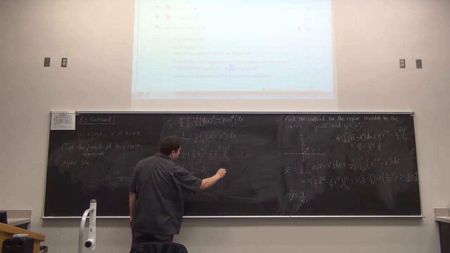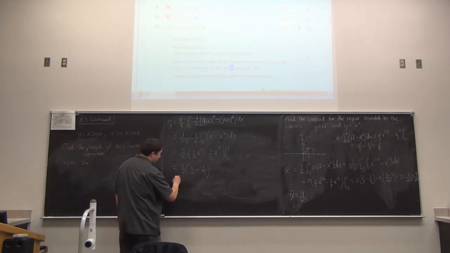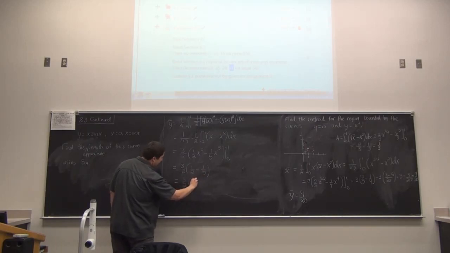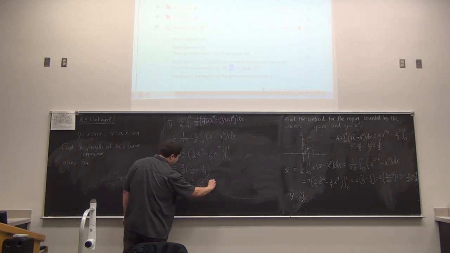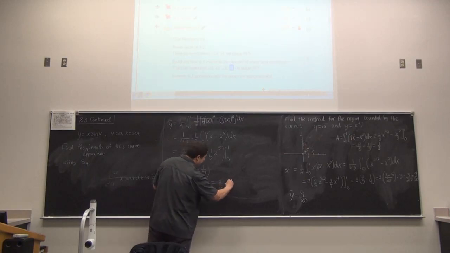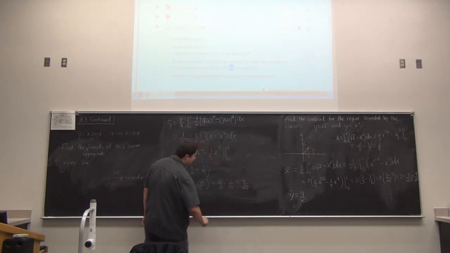Then once again, the evaluation at 0 wipes everything out, so we can stop there. Then this becomes 3 halves, multiplies 5 minus 2 over the least common denominator of 10. So we're up to 3 halves times 3 tenths, which gives us miraculously 9/20ths.